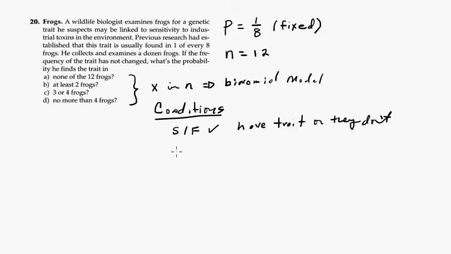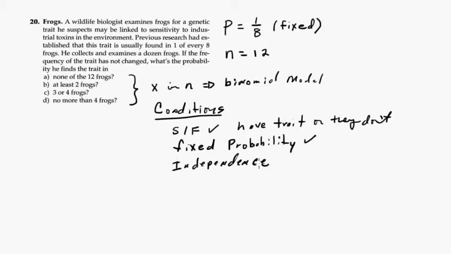We want independence. Oh, and the other one was a fixed probability, and we already established that. That's why I couldn't remember. A fixed probability for each event. So that's taken care of.